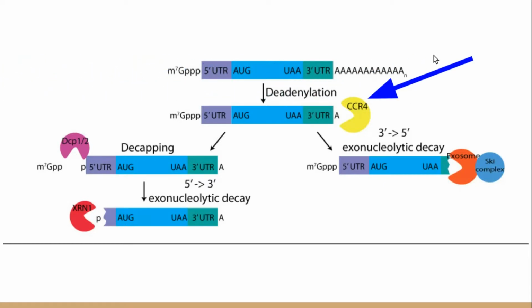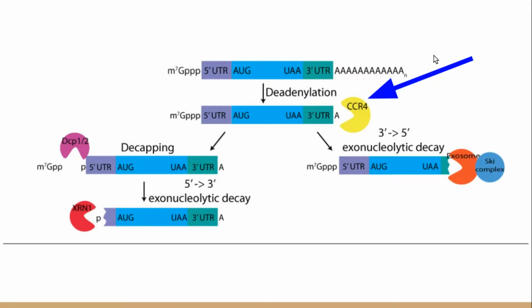In deadenylation, what happens is that an mRNA transcript's 3' poly A tail is competitively bound by various deadenylation enzymes that are constantly competing against poly A binding proteins.